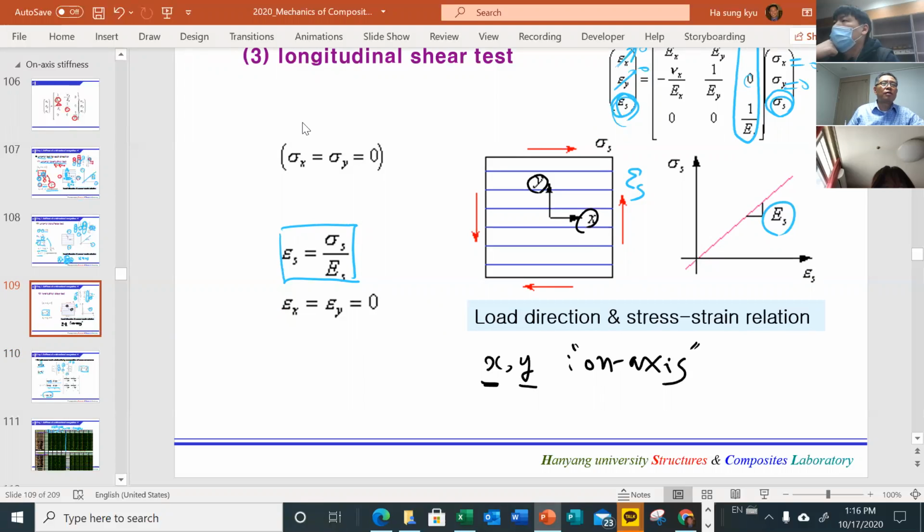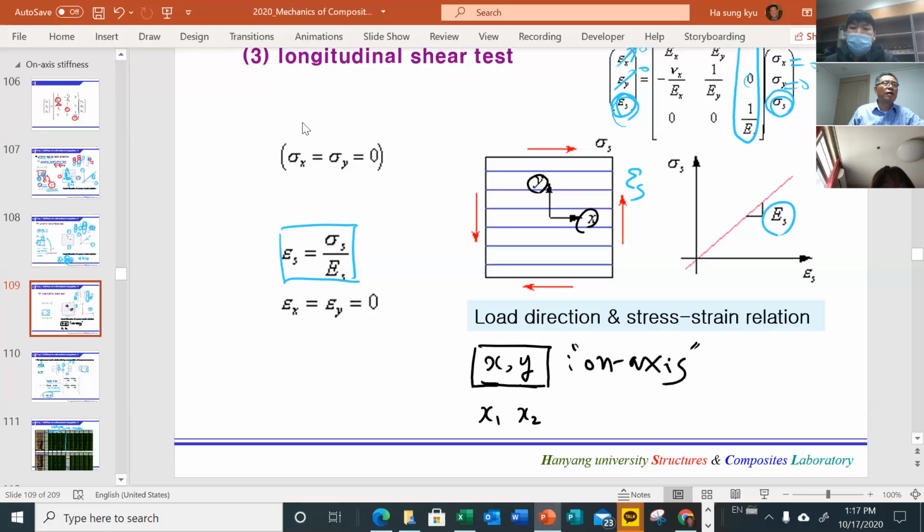Very important to understand the name of this axis. Sometimes we call x1 and x2, depending on the notation. So either x and y or x1 and x2, but mainly x and y.